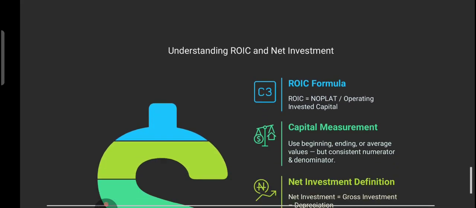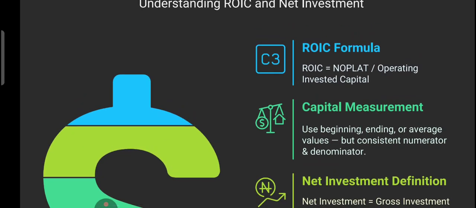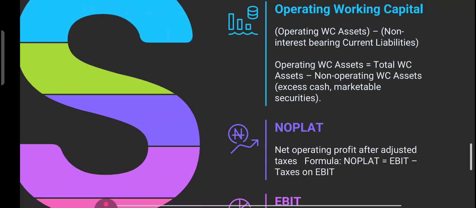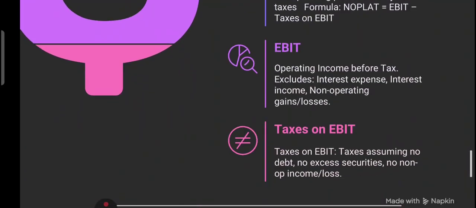Now one more important parameter is ROIC, right? So what is ROIC? At the heart, ROIC stands for return on invested capital. The formula is NOPLAT upon operating invested capital. NOPLAT, I told you, is EBIT minus tax on EBIT, and operating invested capital is operating asset plus operating working capital, right?